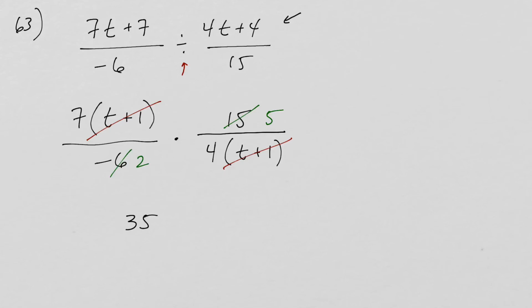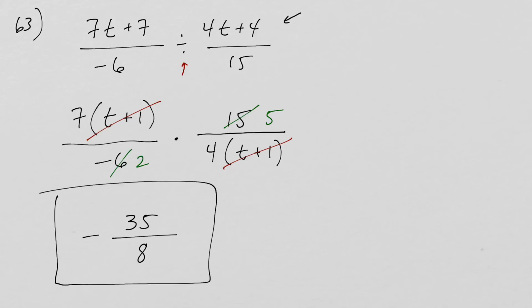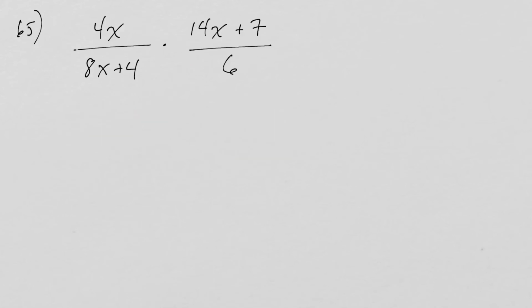I multiply across the bottom. 2 times 4 is 8. And instead of putting the negative in the denominator, I'm going to put it out in front of the whole fraction. And I'm done.